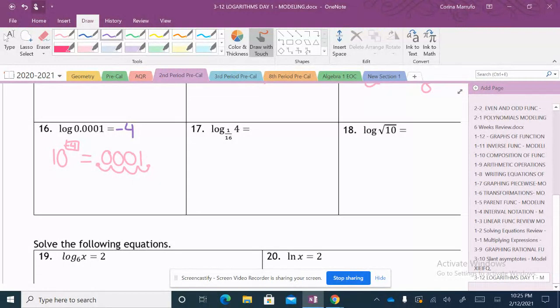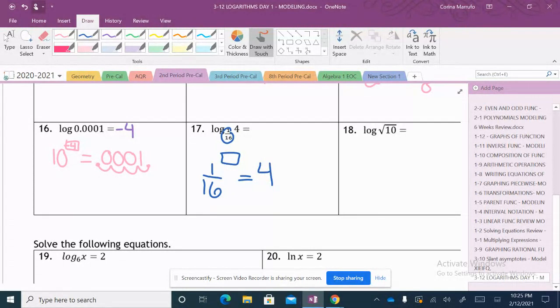we have log base 1 over 16 of 4 equals. So that means our base, remember our base is this little number here. So it's 1 over 16 to what power is going to give me 4.